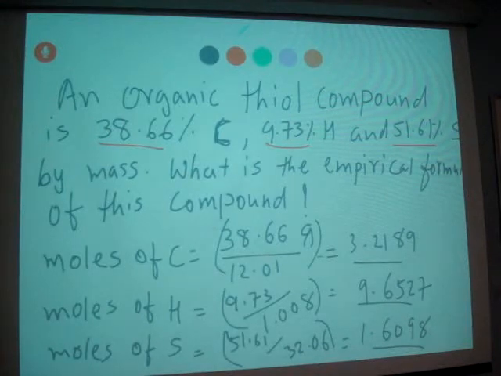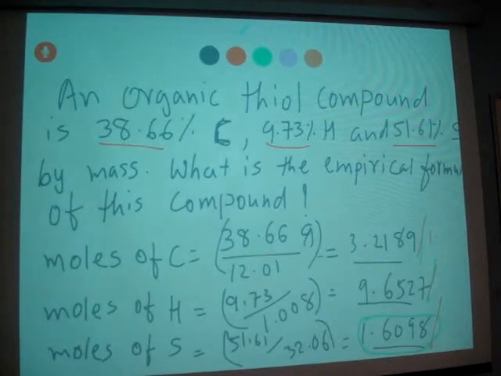Okay. So now, out of all, which one is the smallest one? The sulfur one, right? This is the least one. So we divide all number by the least ones, least numbers.